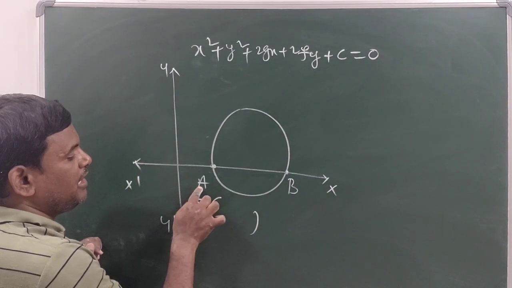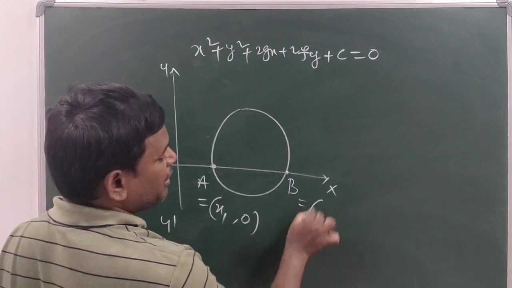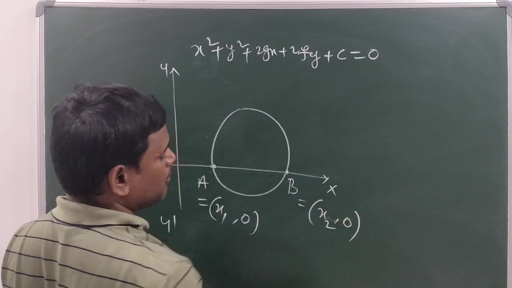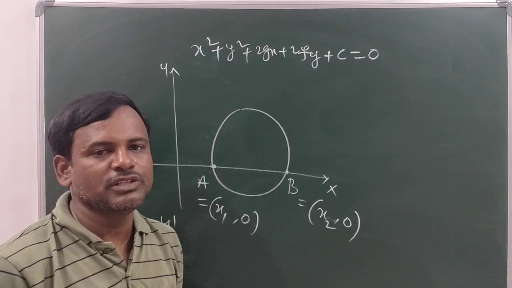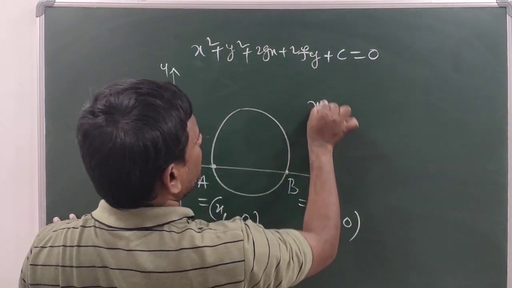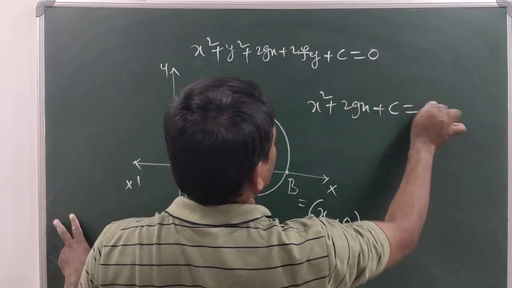Let us consider A coordinates be x1, 0 and B coordinates be x2, 0, because A and B are there on the x-axis and whose y coordinates will be 0. If you put y equal to 0 in this, then it will become x square plus 2gx plus c is equal to 0.